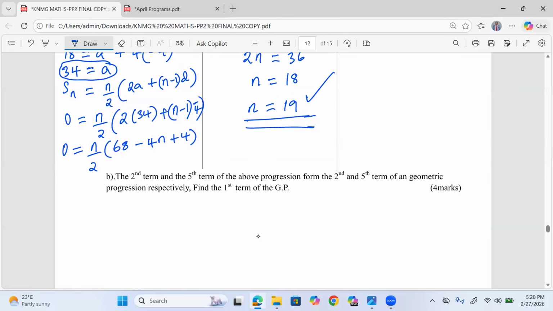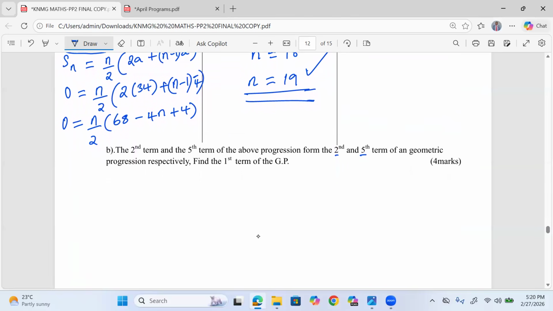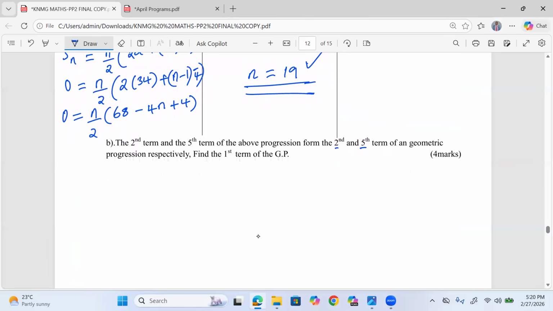Now the second and the fifth form the second and the fifth of a GP. Find the first term of the geometric progression.